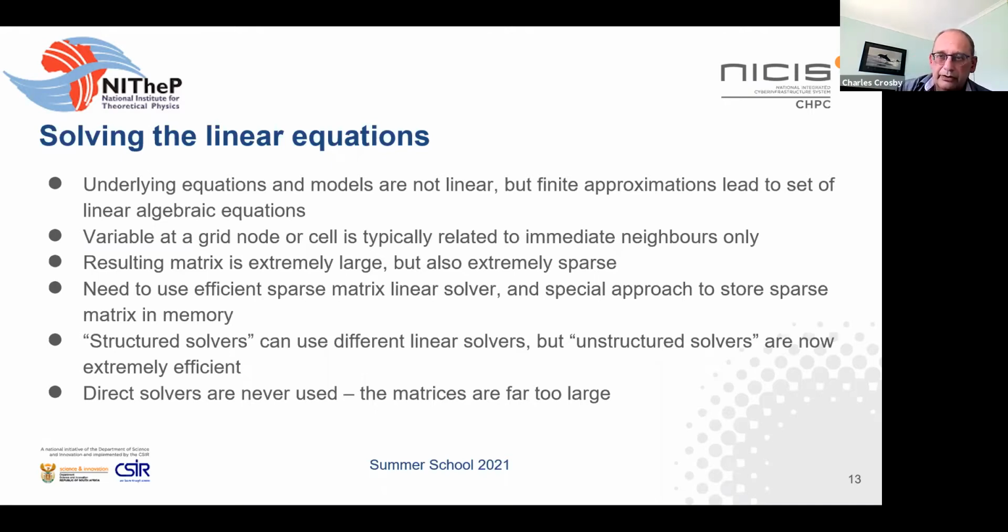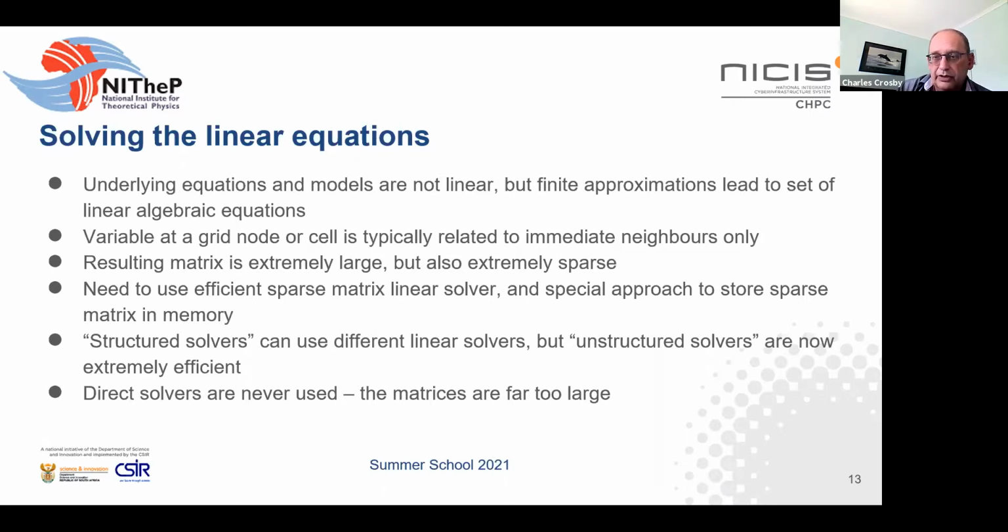So although structured grids can be solved with structured solvers, so variants of that tri-diagonal matrix algorithm approach, or Thomas algorithm, in general nearly all codes now use unstructured solvers, even for grids that are originally developed as structured grids, because the unstructured solvers have become so efficient.